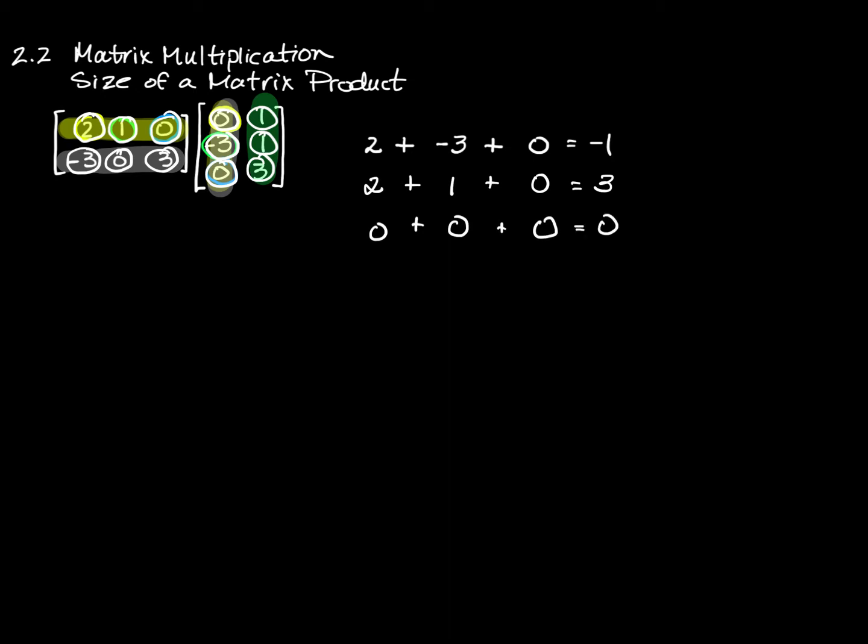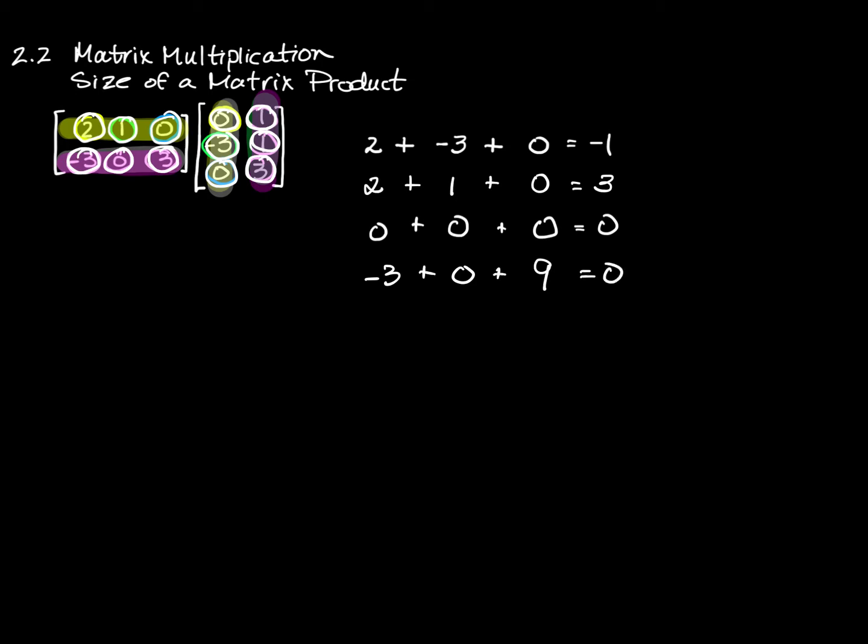For my last pass, I'm going to have the second row in the first matrix times the second column in the second matrix. So I will have -3 times 1, which is -3, 0 times 1, which is 0, and 3 times 3, which is 9.